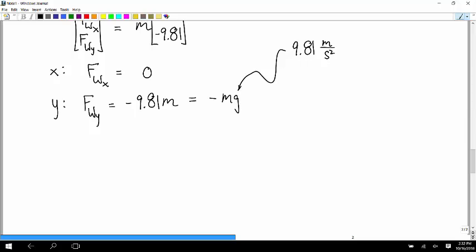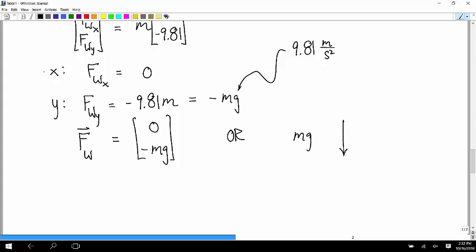So now if I write this as a force vector, the force vector is Fw vector, and it has components of 0, negative mg. That's just straight in the negative y direction, so we could also write this as a vector of mg in the downward direction.